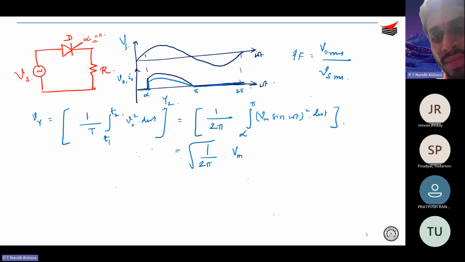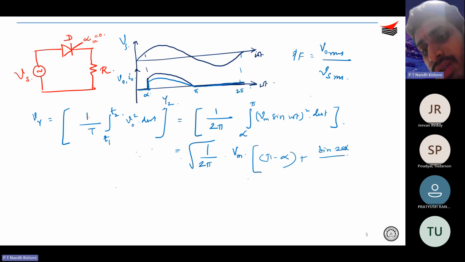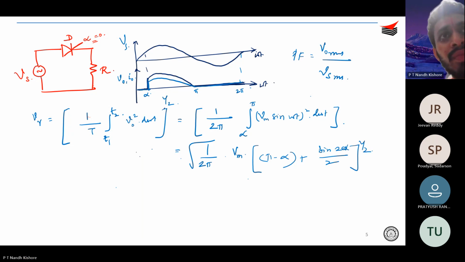And then Vm integral sine square omega t, where sine square omega t is 1 minus cos 2 omega t by 2. So you just take an integral of that one, and you will end up with pi minus alpha plus sine 2 alpha by 2, whole root. Of course, the 1 by 2 factor will come, so into 1 by root 2.